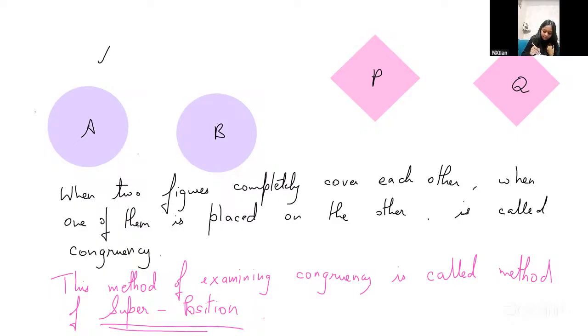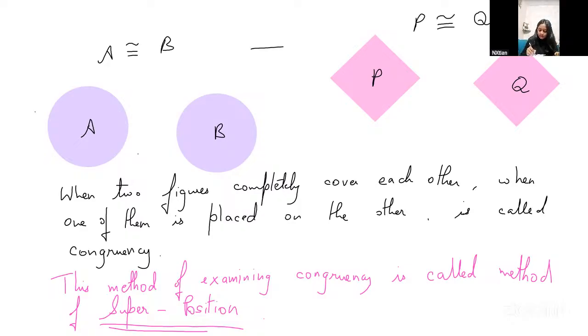A, put an equals to sign with a wave, congruent to B. And here in quadrilateral PQ, put an equals to sign with a wave, congruent to Q. So the congruency symbol is like this.